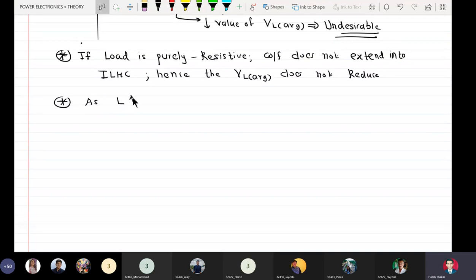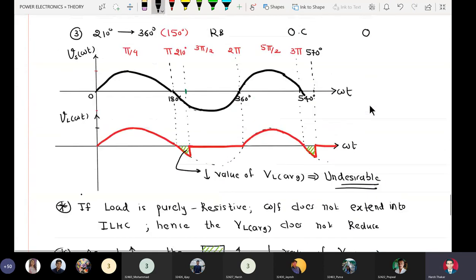Okay, so as the value of L increases, this portion will increase, reducing the value of VLAVG.